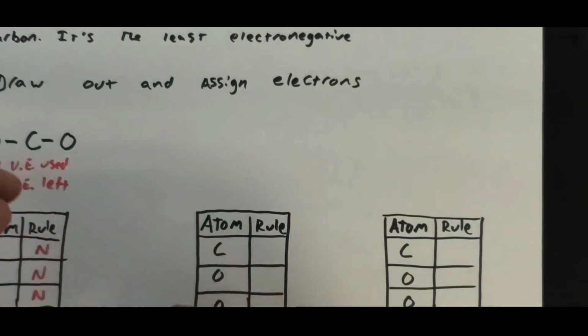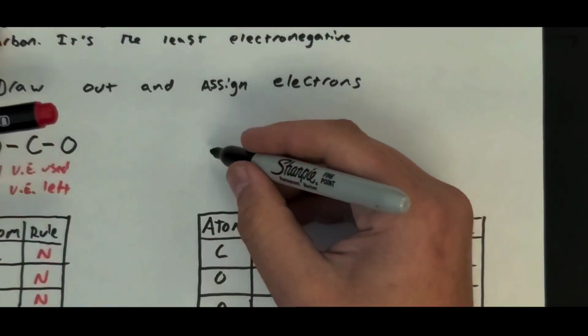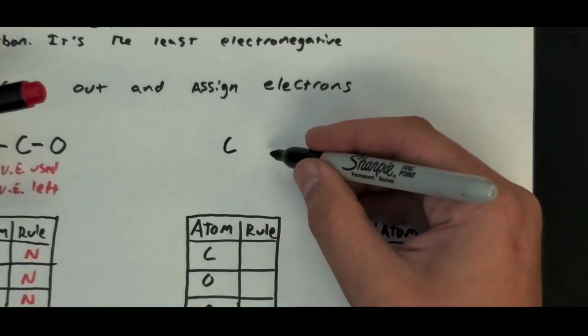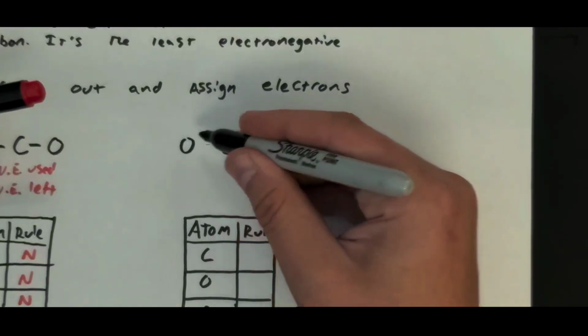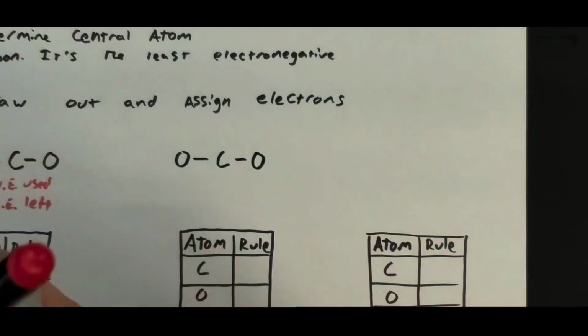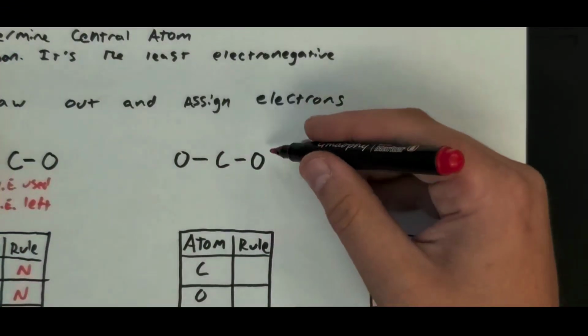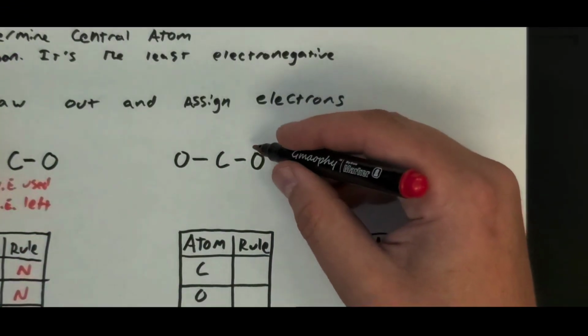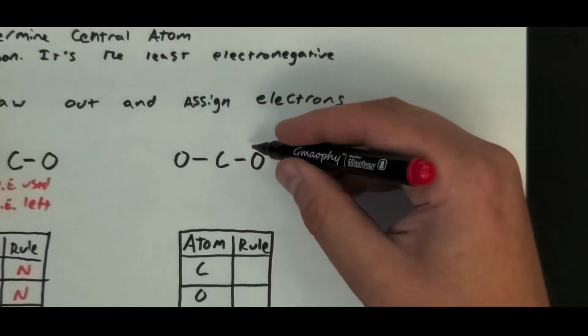So that means we have our central atom, carbon, surrounded by oxygens, and we're going to evenly distribute these 12 electrons to each of these oxygens. We're going to do it in pairs.